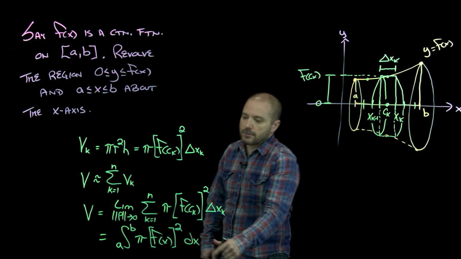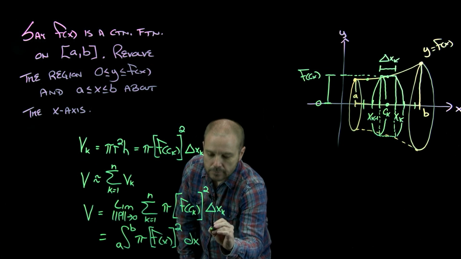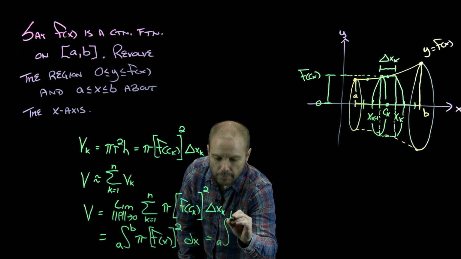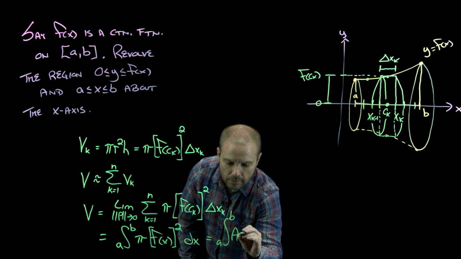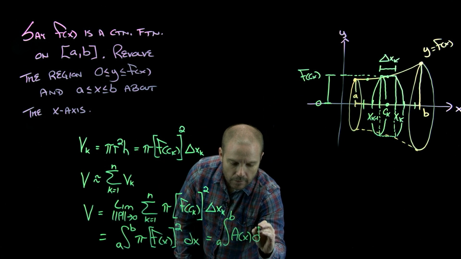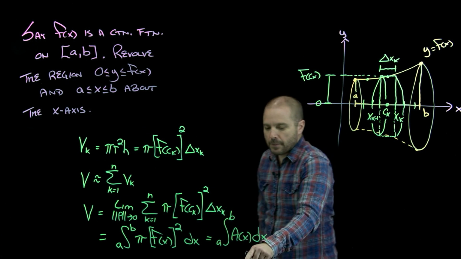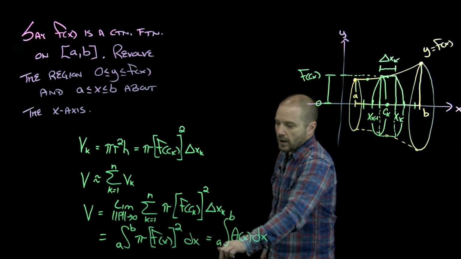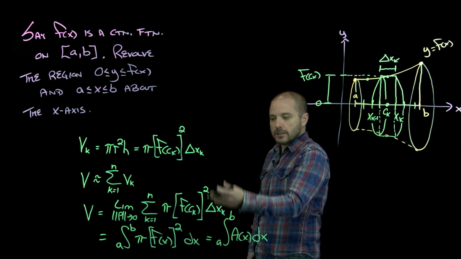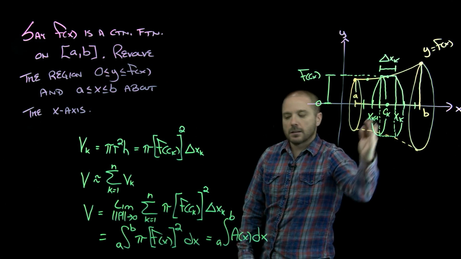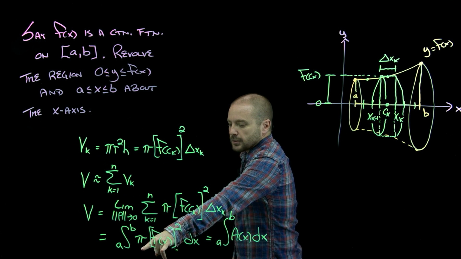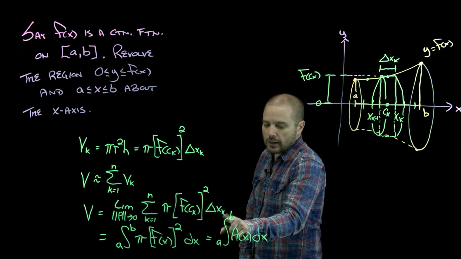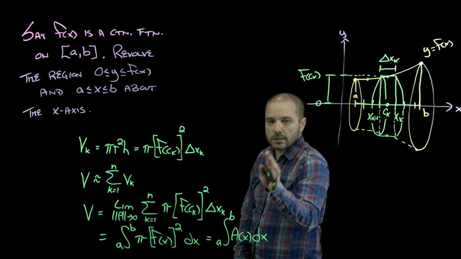So a way of thinking of this is to get volume, you integrate area, where this area is cross-sectional area. So the cross-sections, when you revolve and slice like this, those cross-sections are circles. The area is pi r squared. So simply integrate the cross-sectional area to get the volume.